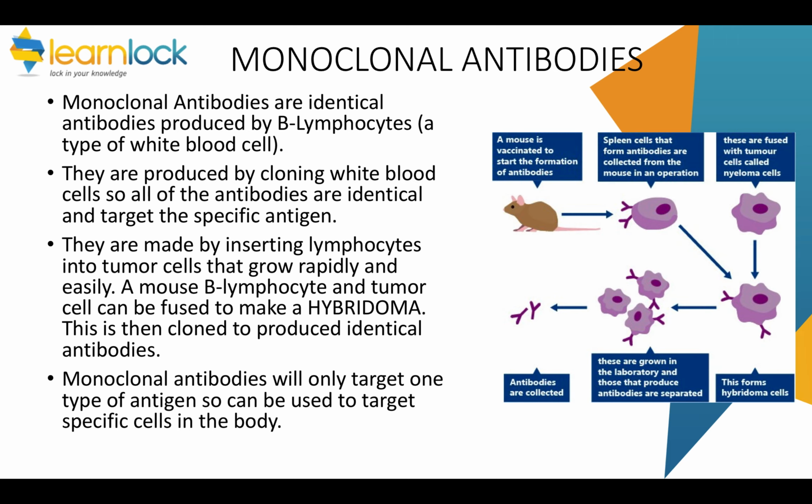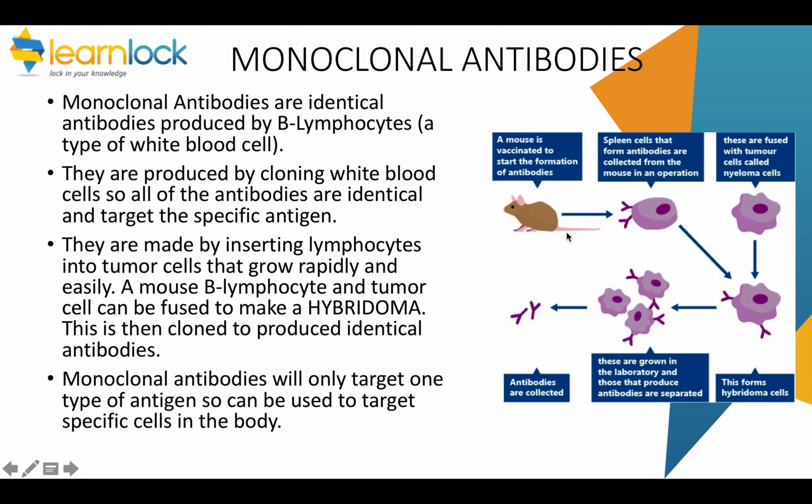And how you make them is you would insert the lymphocytes into a tumour cell, because tumour cells grow rapidly and easily, and that means you can clone whatever you insert into them. So a mouse B lymphocyte and a tumour cell can be fused together to make something called a hybridoma. And then the hybridoma is cloned to produce identical antibodies.